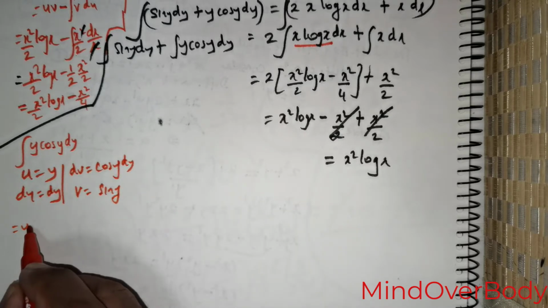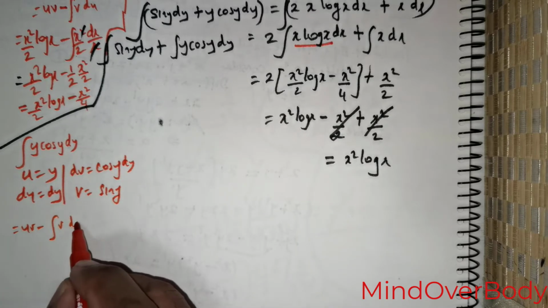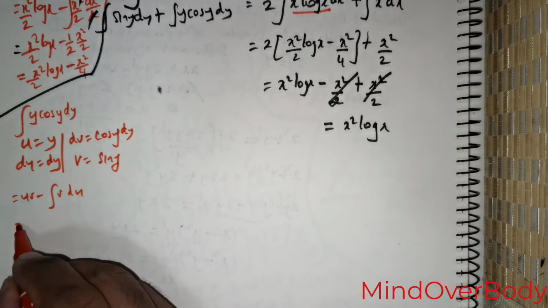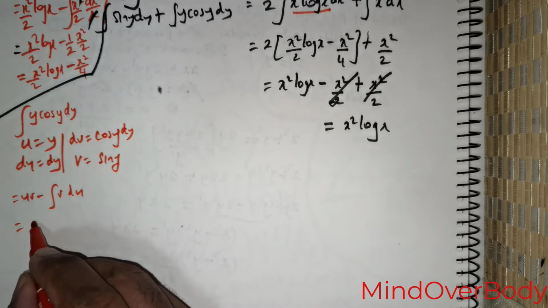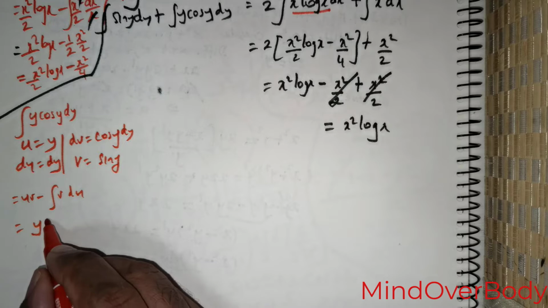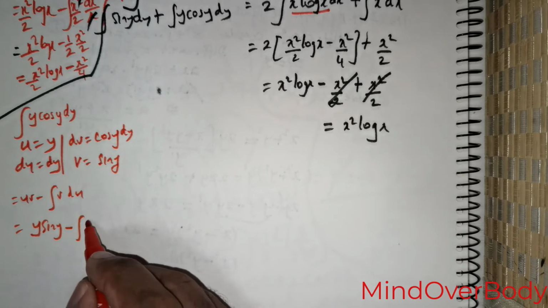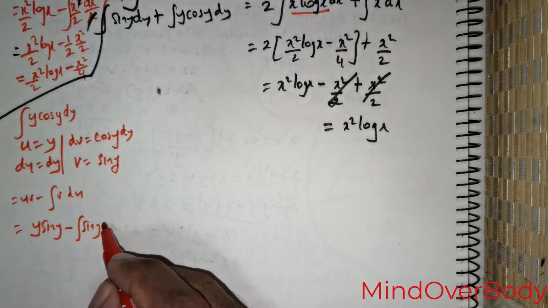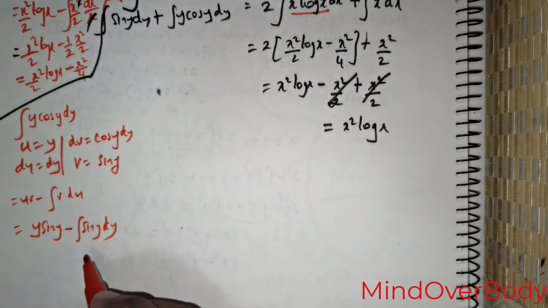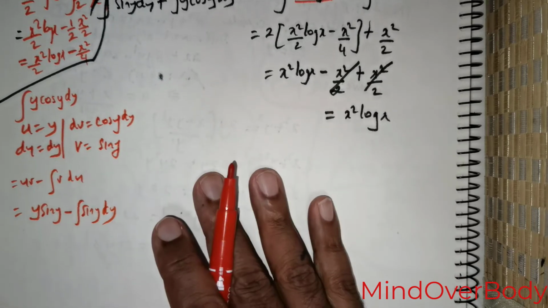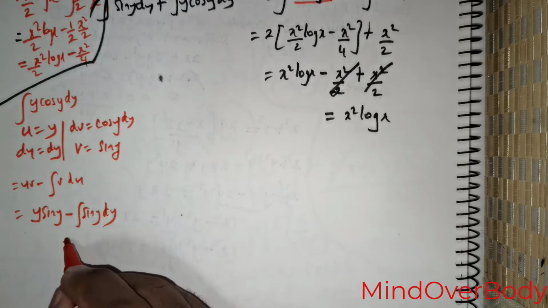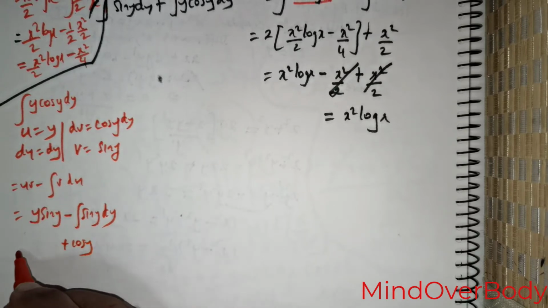So uv minus integral v du, that's the formula. My u is y, my v is sin y, my du is dy. I integrate sin y, I get negative cos y.